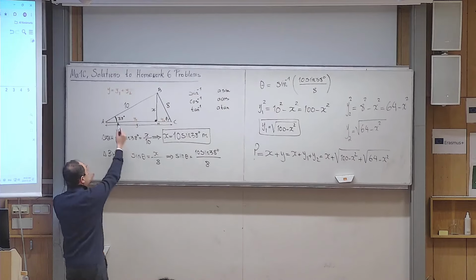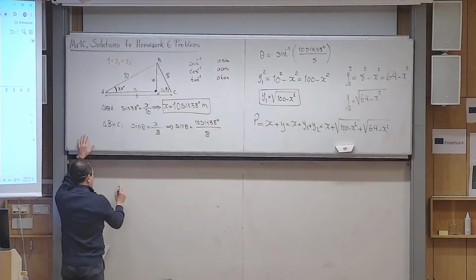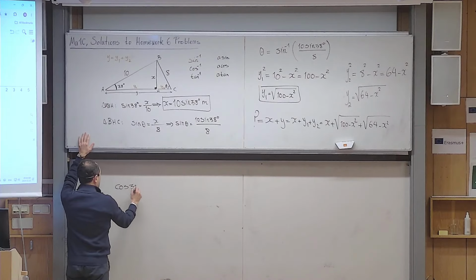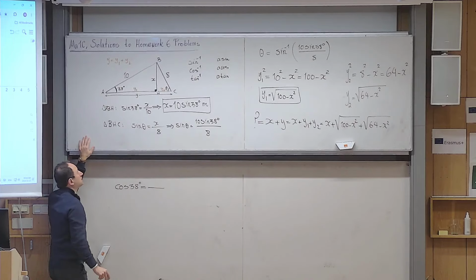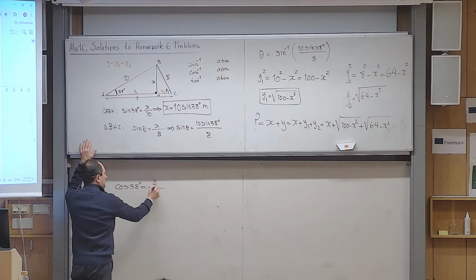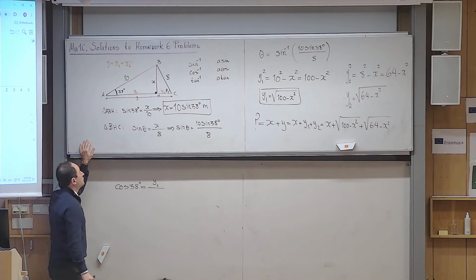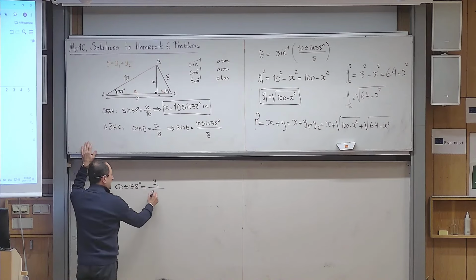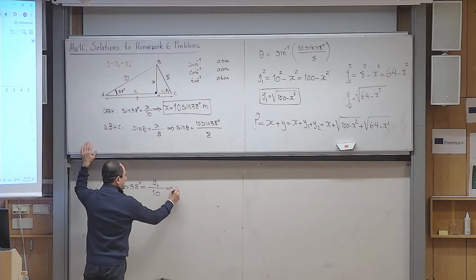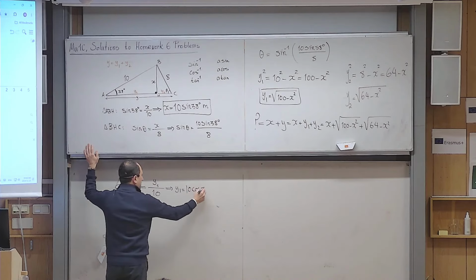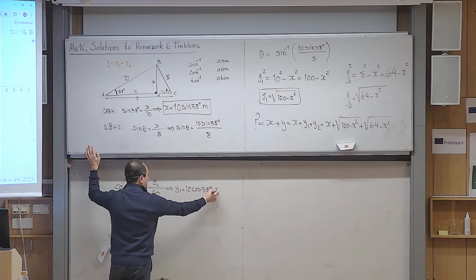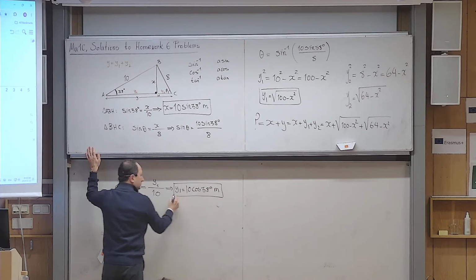Yes? Because if I write cosine of 38 degrees, can you help me? What is cosine of 38 degrees? It is the adjacent. What is the name of the adjacent? Y part 1 divided by the hypotenuse, 10. I am looking for y1. So y1 is just 10 cosine 38 degrees meters. So that is your y1.